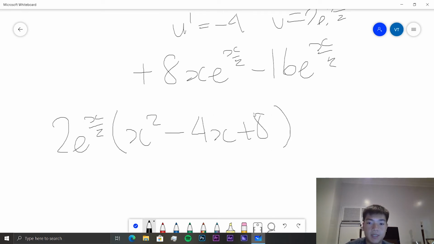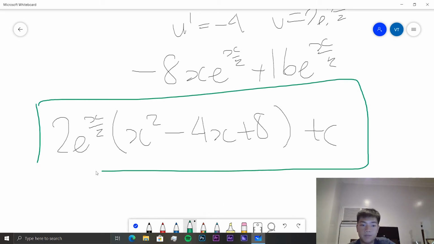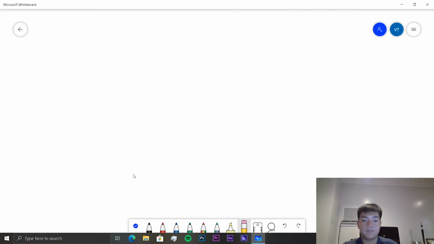Yes, because we have to flip these symbols around. So this would be plus, and this would be a minus. So 2e to the x over 2 times x squared minus 4x plus 8 plus c, of course. So yeah, that was pretty cool. And we can move on to the next one.